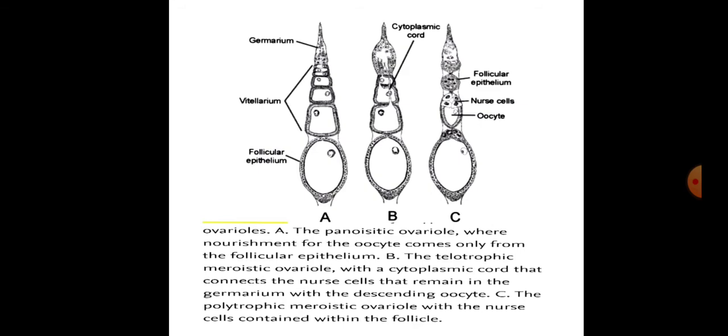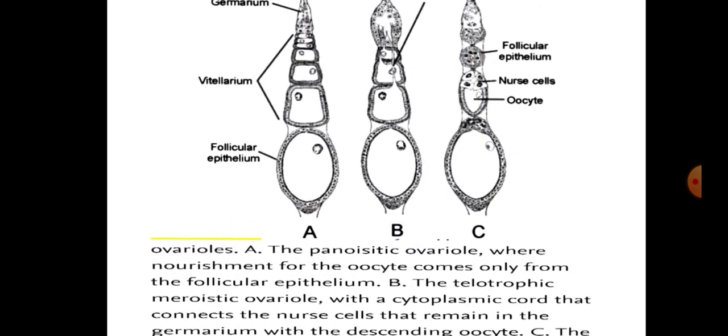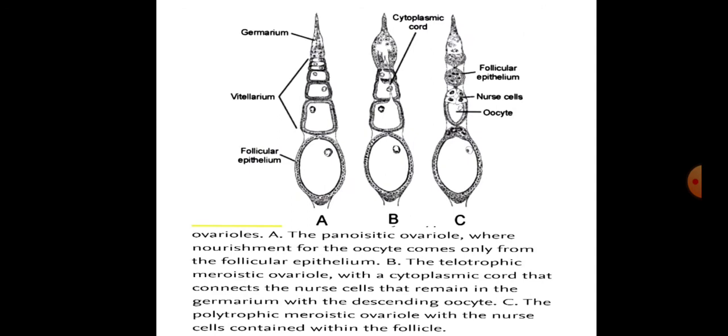The three types of ovarioles: A. The panoistic ovariole, where nourishment for the oocyte comes only from the follicular epithelium.